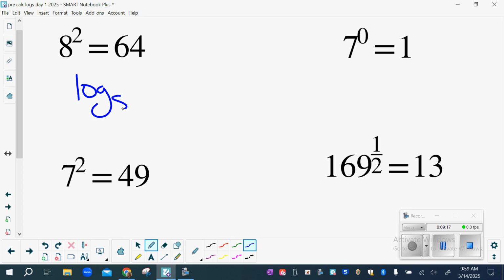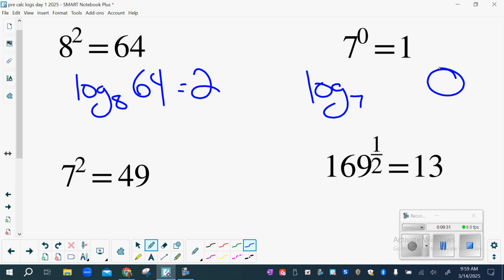Log. The base goes in the basement. The exponent is the answer. 64 goes here, because what we're saying is 8 to the what will give me 64. I will write them out real quick. The base goes in the basement. The exponent is the answer. The argument goes here. You got to get good at them, though. Honest to goodness.